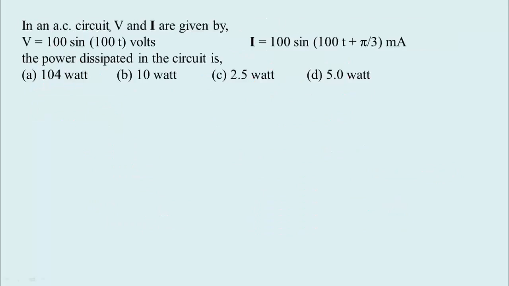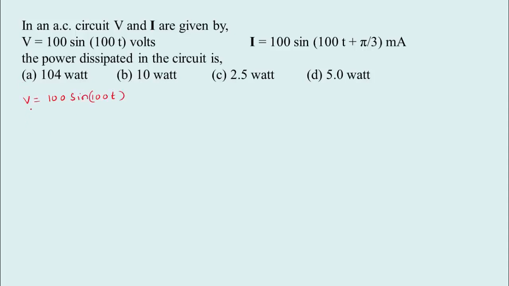In an AC circuit, V and I are given by V equal to 100 sine 100 t volt, I equal to 100 sine 100 t plus pi by 3 milliampere. The power dissipated in the circuit is? See here, voltage and current values are given, that is V equal to 100 sine 100 t, right?